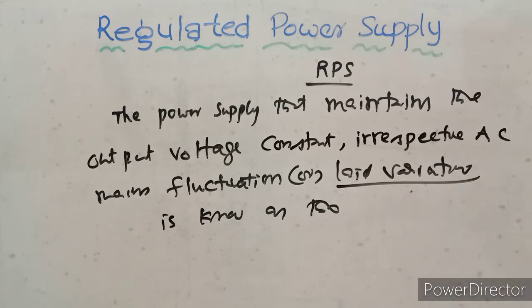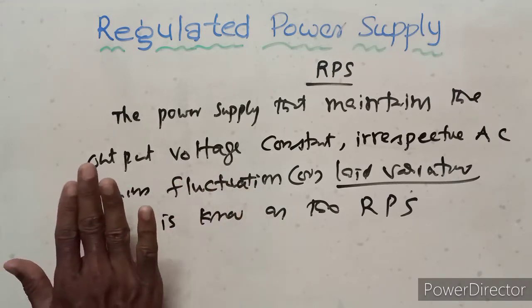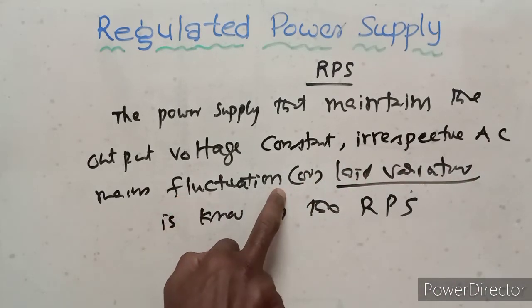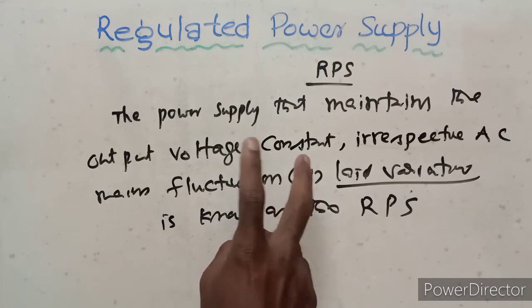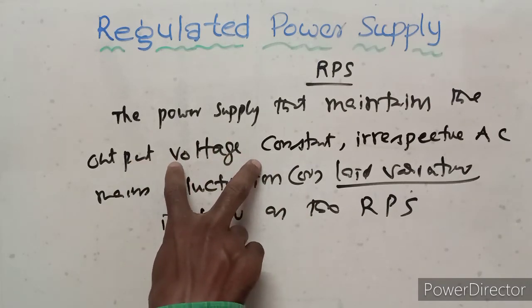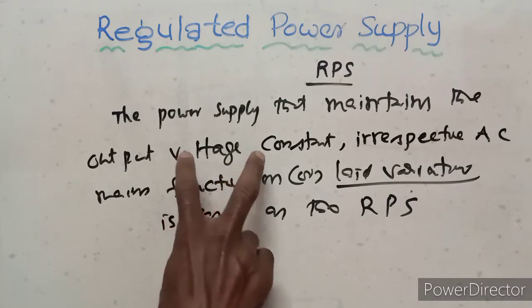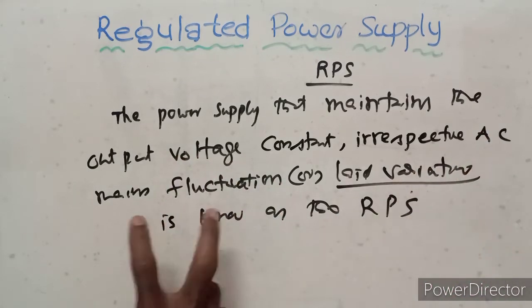Okay, regulated power supply. What is that? The power supply that maintains the output voltage constant, regulating the voltage, irrespective of AC mains fluctuations. So the output voltage constant does not depend upon AC mains.